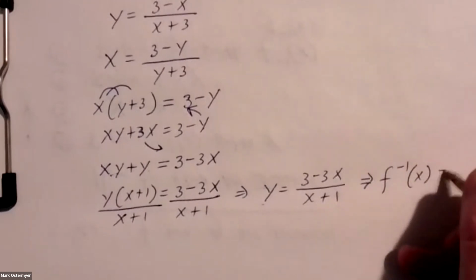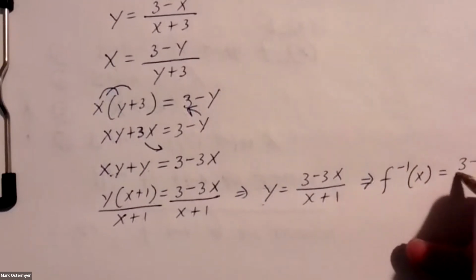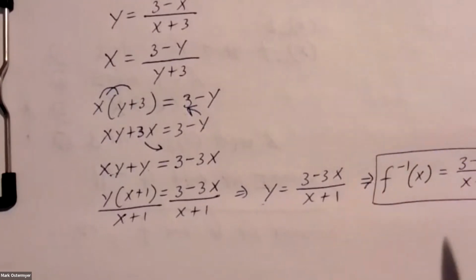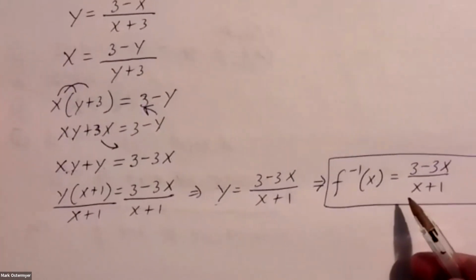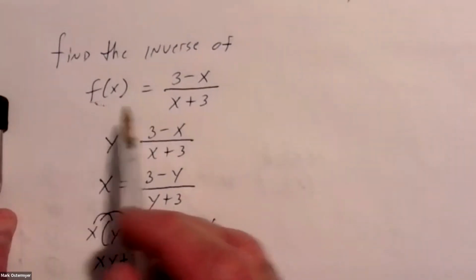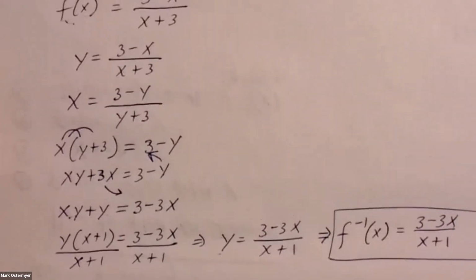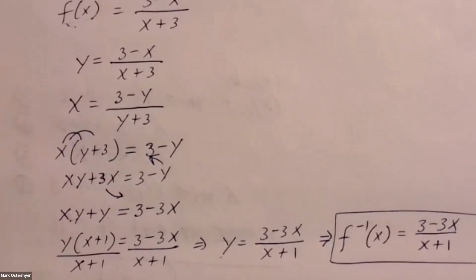So f inverse of x is 3 minus 3x over x plus 1. This is the inverse function of this guy. These are inverses of each other. Any questions how I found the inverse of function f of x by going through these steps here?